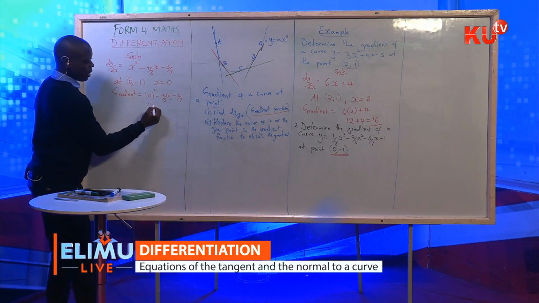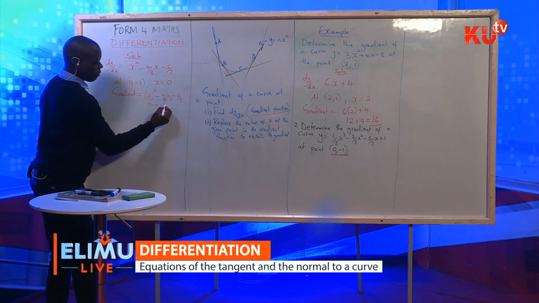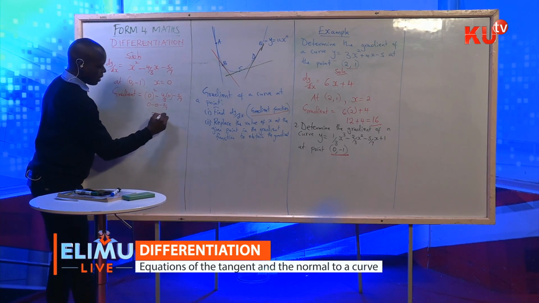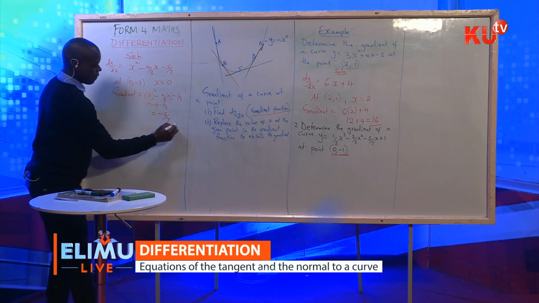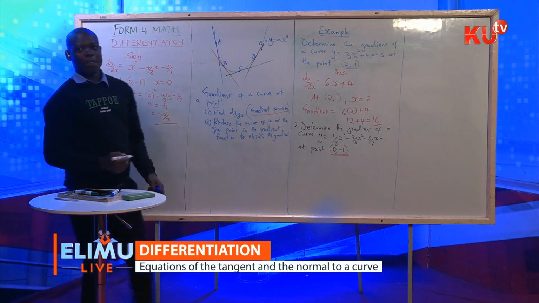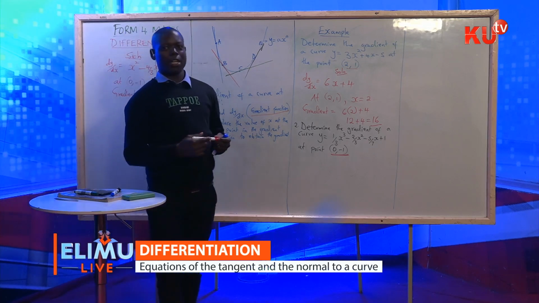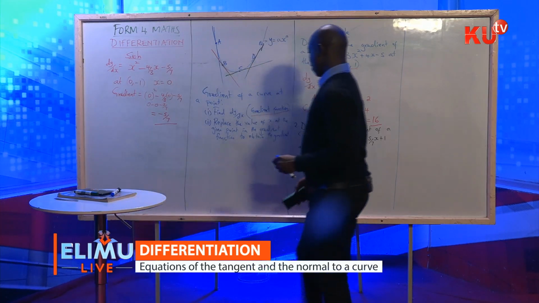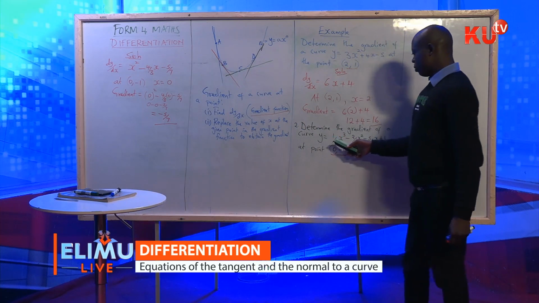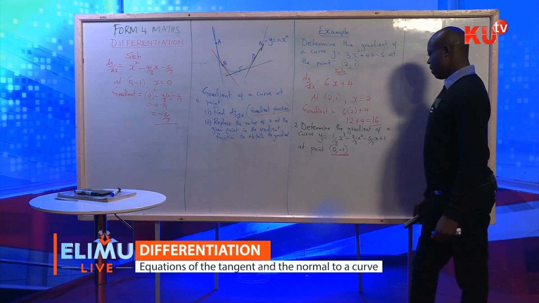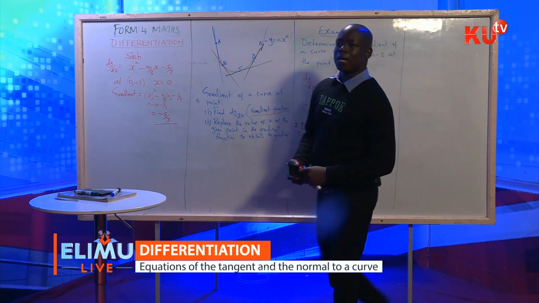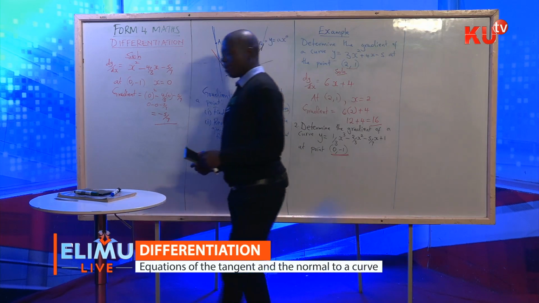This is 0 less 5 over 7, implying our gradient is negative 5 over 7 for the curve y equals a third x cubed minus 2 over 3x squared minus 5 over 7x plus 1.